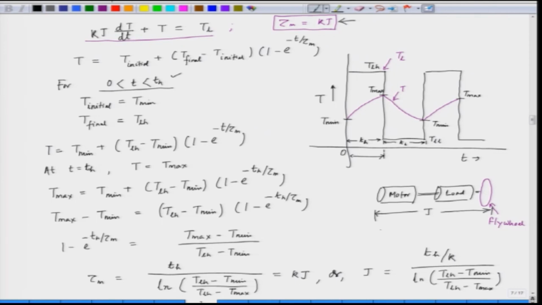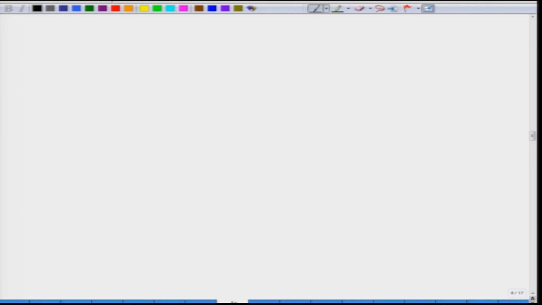So, we can say that J is equal to J m plus J flywheel. So, when we know this J totally and we have the knowledge of the motor and the load inertia, we can find out the inertia of the flywheel. So, the inertia of the flywheel is equal to the combined inertia minus the inertia of the motor.